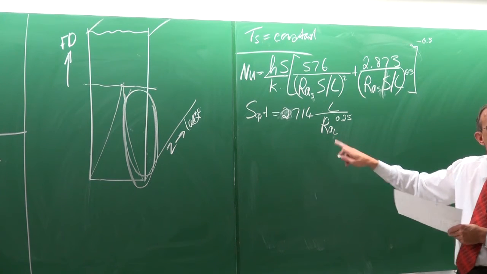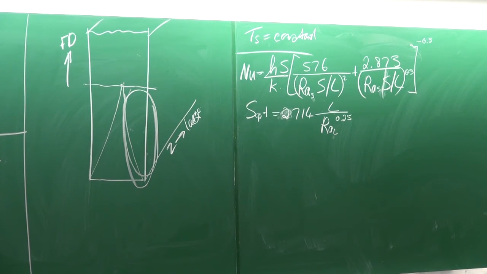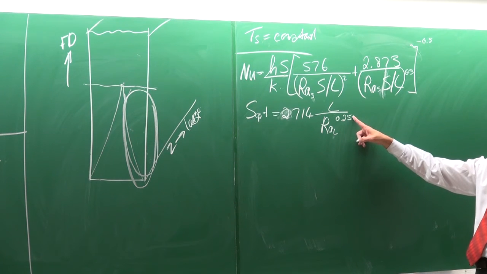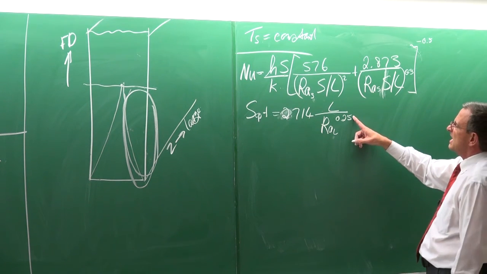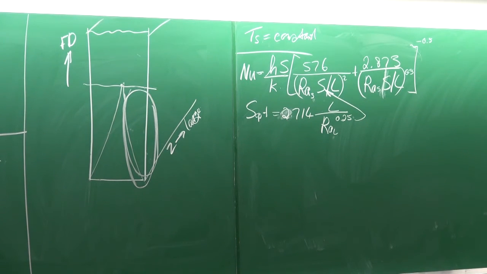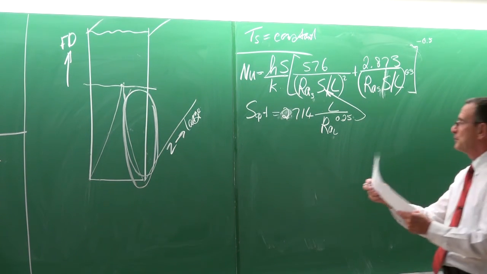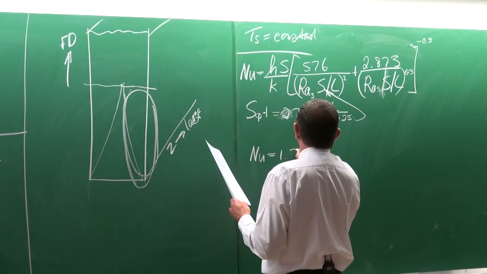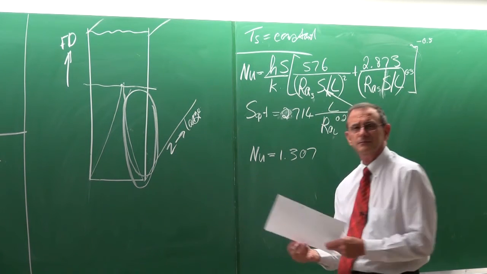If it is an L, it is based on the length L in the dimensions. So just take careful note of this. If you have solved this, and obviously you get that from experiments, and you put this back into that equation, then you can solve for the optimum Nusselt number for that case, and that would only be about 1.307.